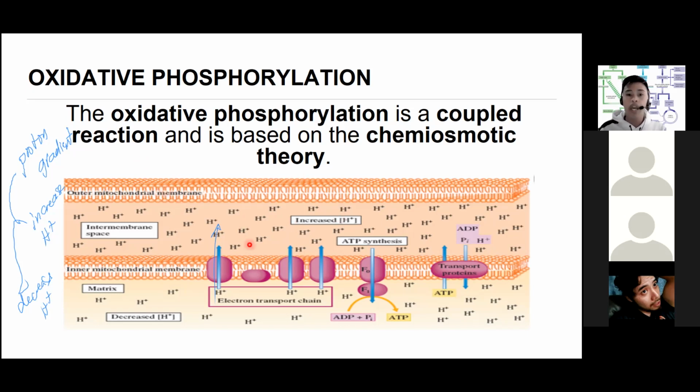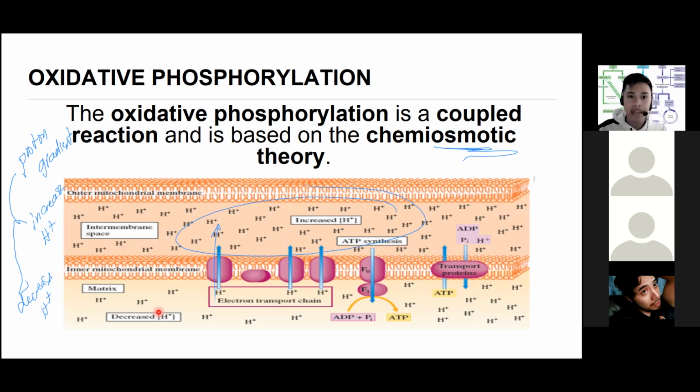So the hydrogen ions that are already very abundant in the intermembrane space would want to go back to the matrix. This is called chemiosmotic, meaning movement from higher concentration to lower concentration. Because there is a higher concentration of hydrogen ions in the intermembrane space, it would want to go into the matrix again.